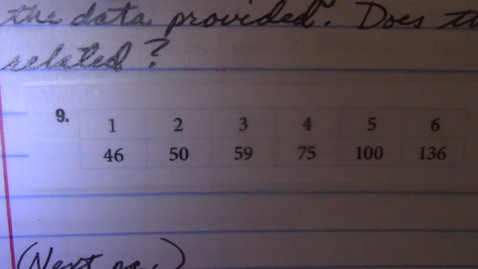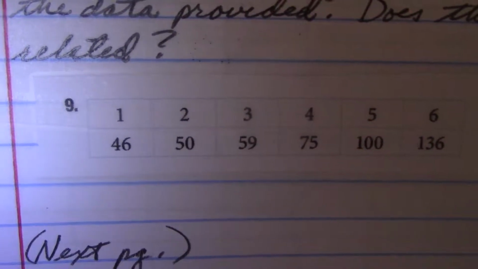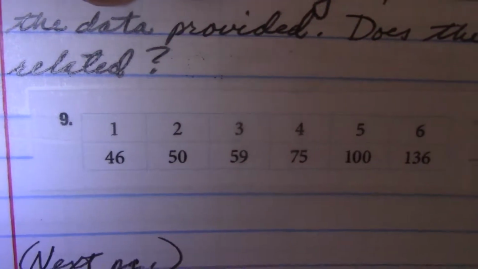Number 9. For the following exercises, draw a scatter plot for the data provided. Does the data appear to be linearly related? So here's our data. And what I did was I plotted that using my computer.